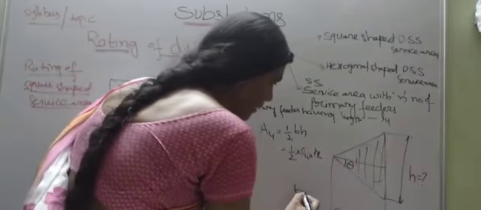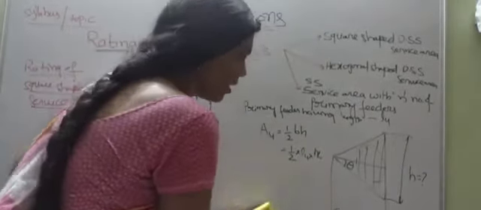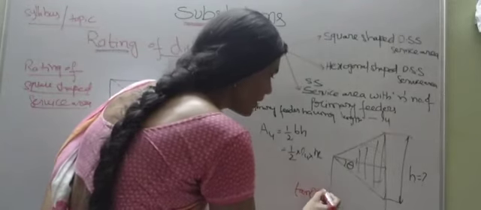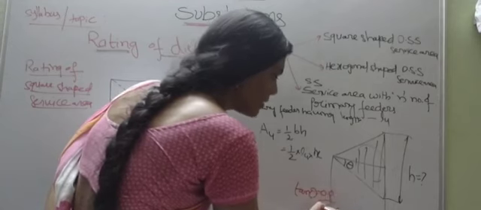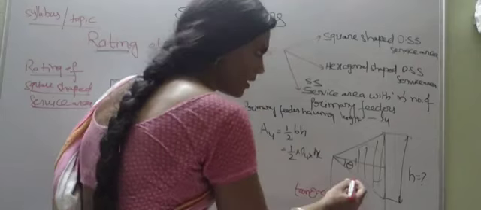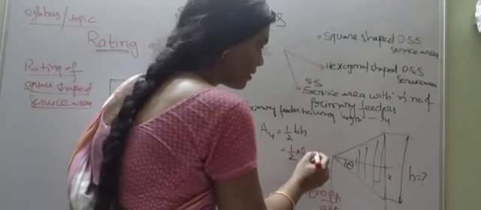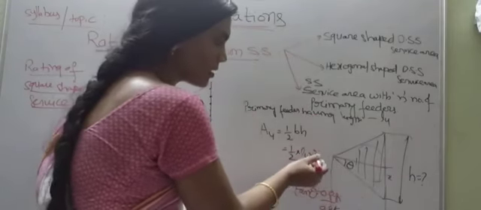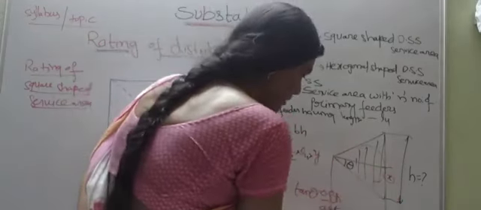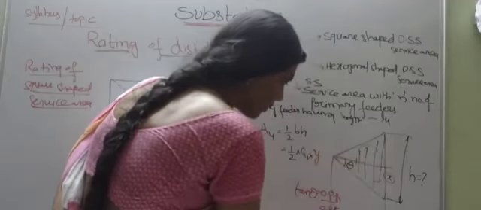From this, tan theta equals opposite side by adjacent side. Let us assume this is x and this is y. The opposite side is x, and the adjacent side is L4.